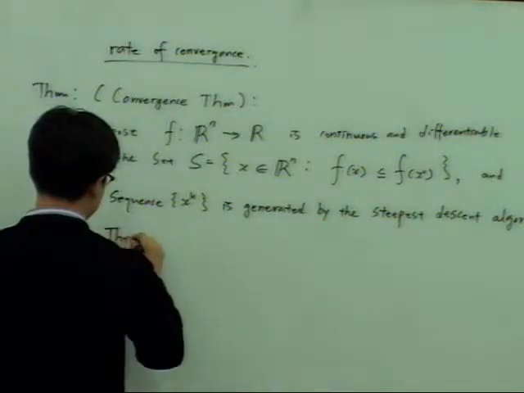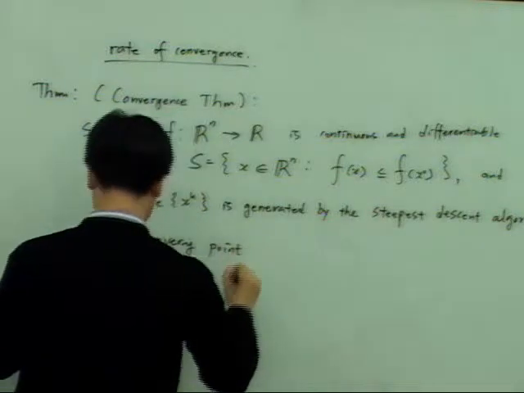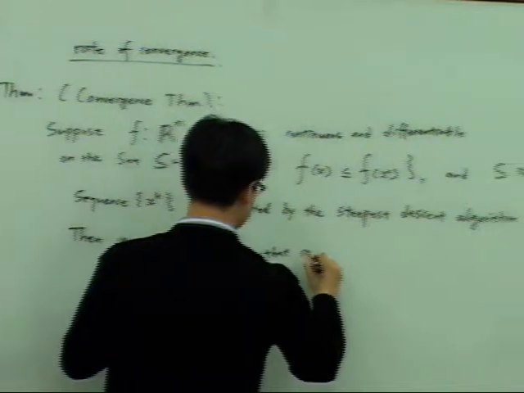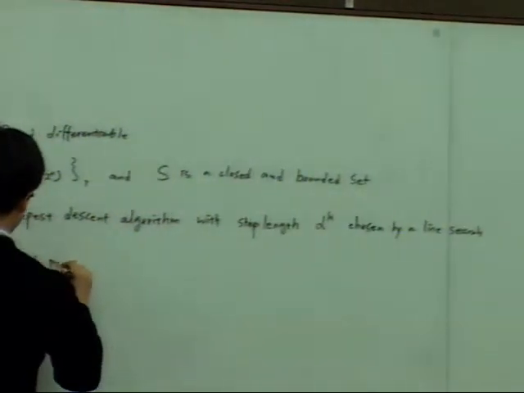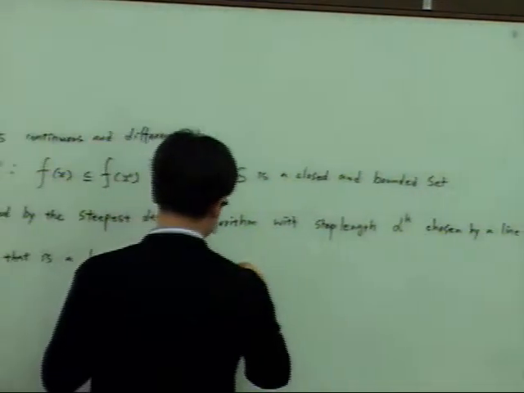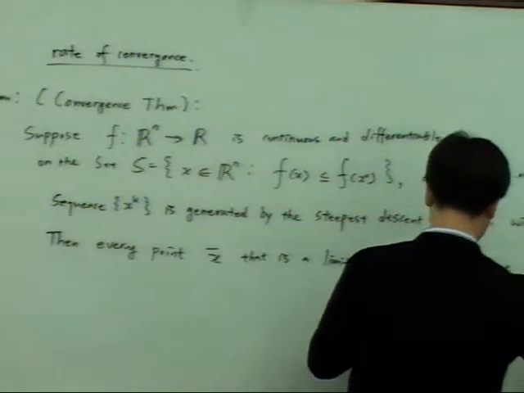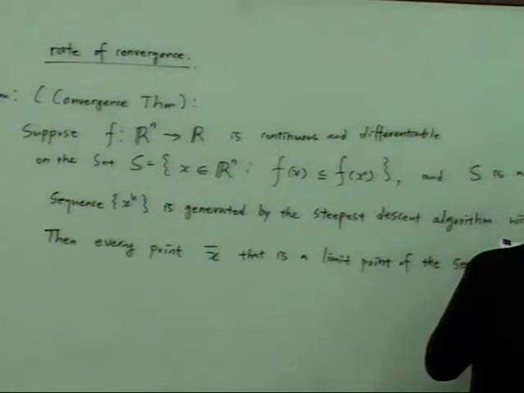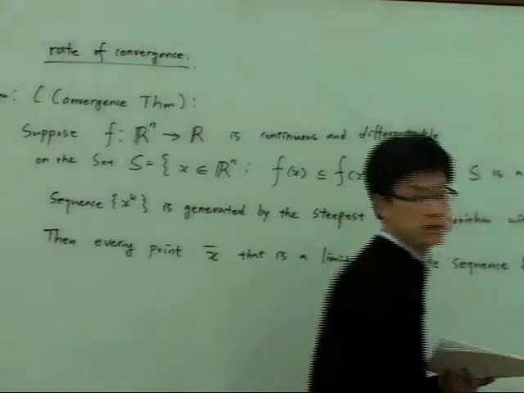Then every point x bar that is a limit point of the sequence x_k satisfies this: the gradient of f at x bar is equal to 0.